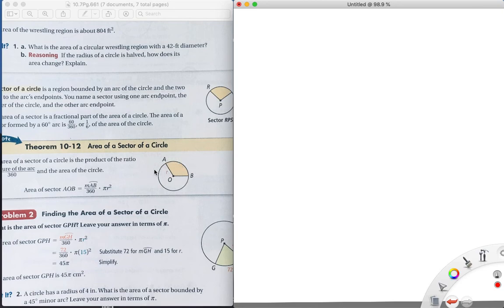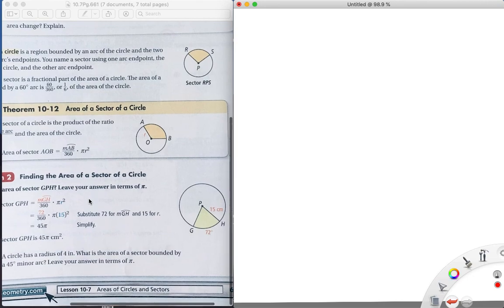Remember, 360 is the distance around the circle, so that would be our whole. Our part would be the arc. They're both going to be in degrees, times the area of the circle. So it's the fraction of the circle that's being shaded times the area of the circle.